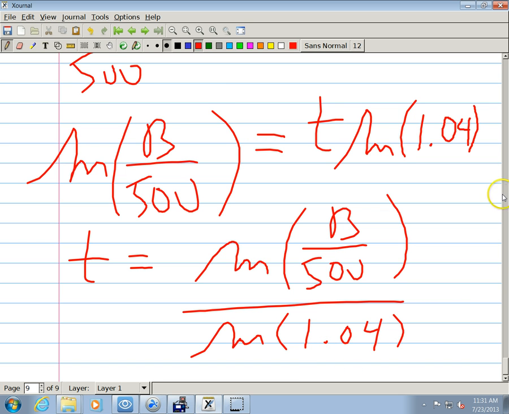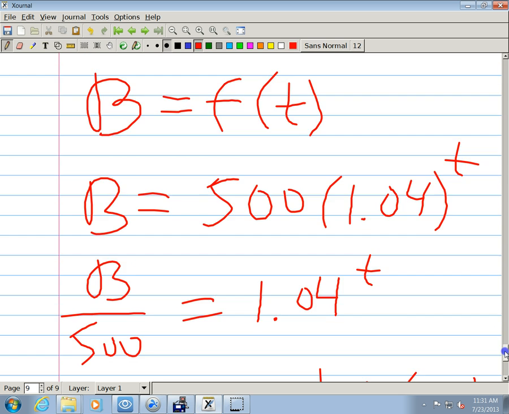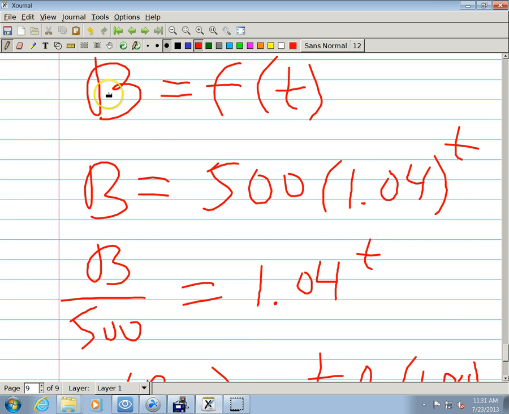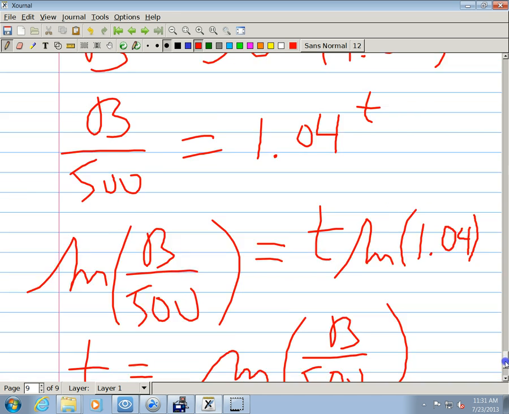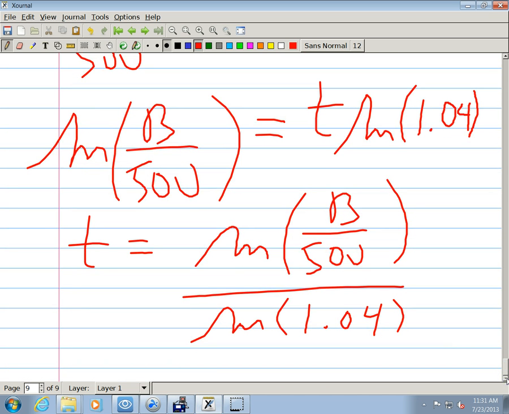And now notice what you got. Instead of b is a function of t, you now have t is the inverse function of b, is what we just figured out.